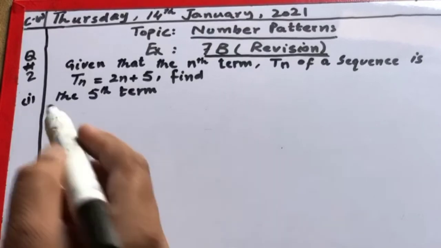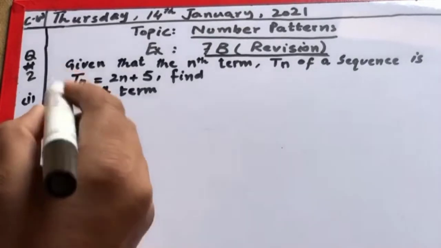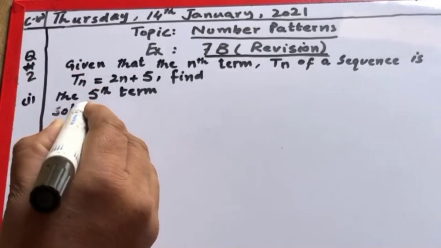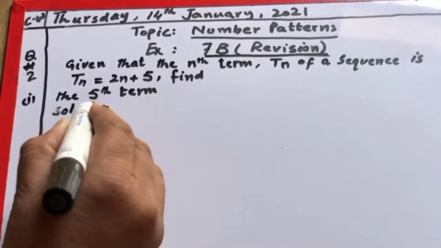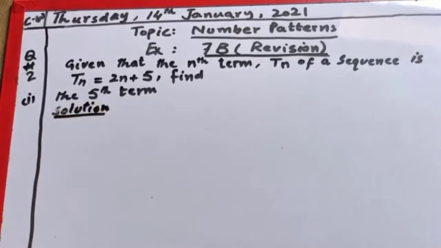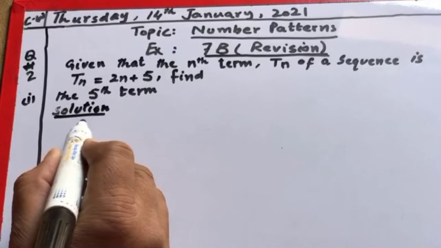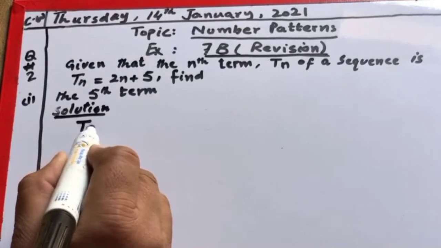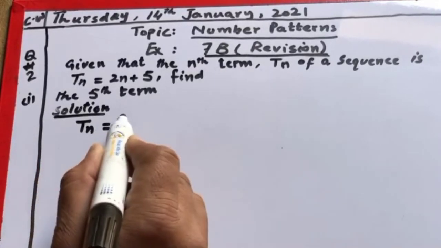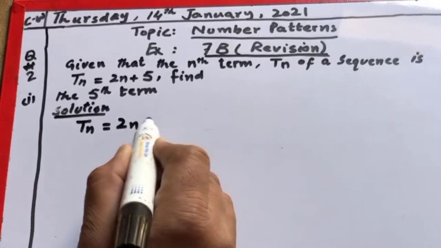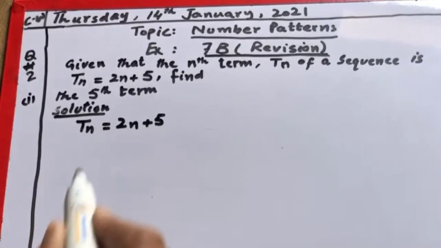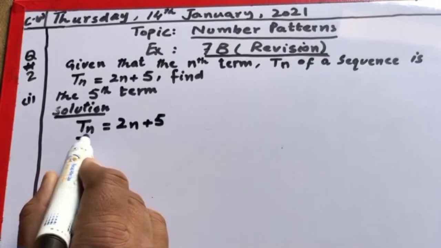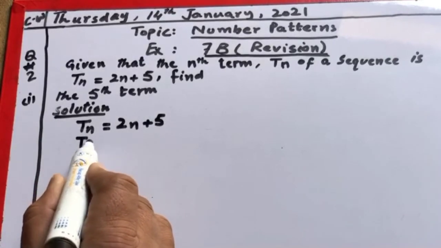So in solution, first of all we will write the general term formula, which is Tn is equal to 2n plus 5. We have to find the general term 5.